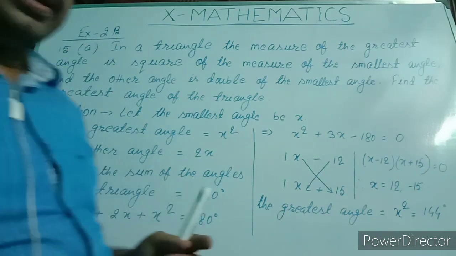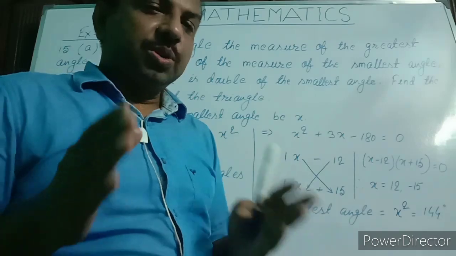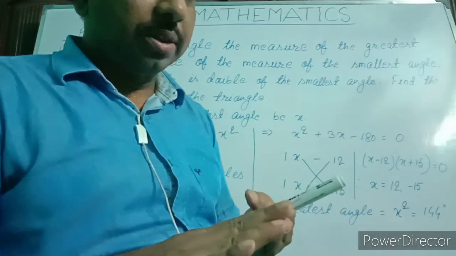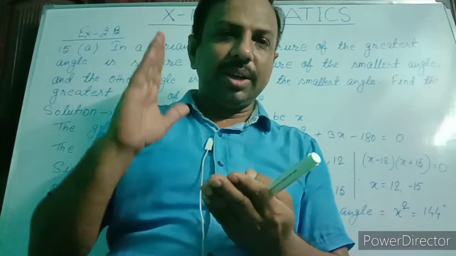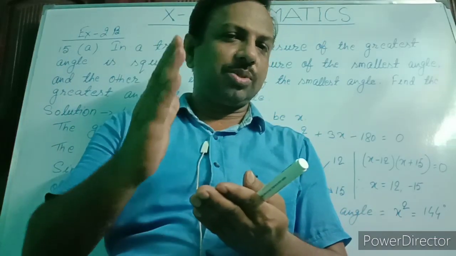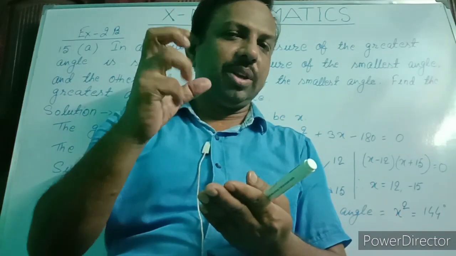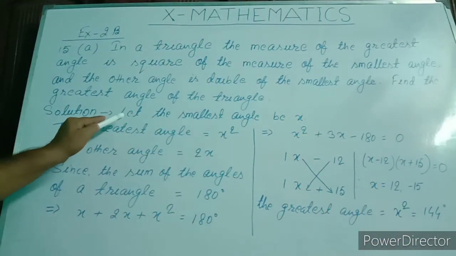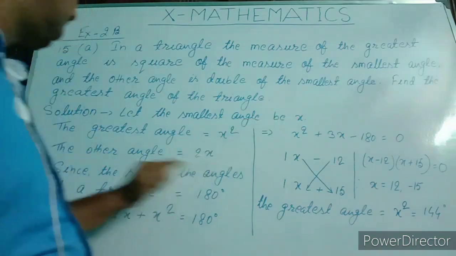As I have divided the statement based question into 4 parts, the first part is the algebraic expression that is based on the statement, and I have given emphasis that this portion should be absolutely correct, because from there we get the quadratic equation. Let the smallest angle be x.